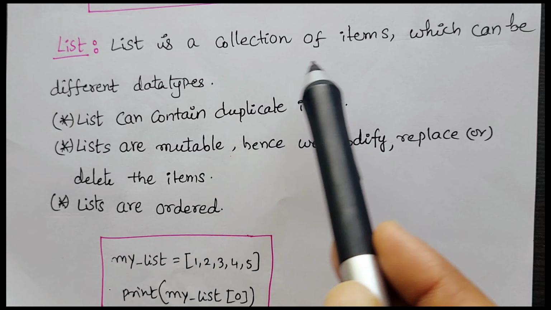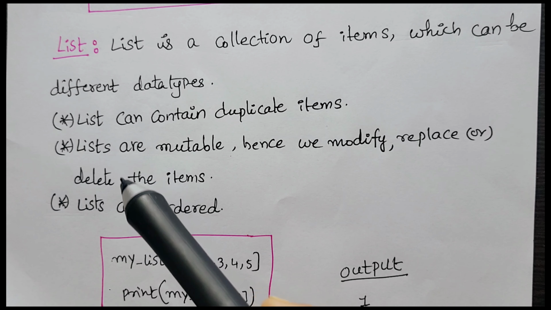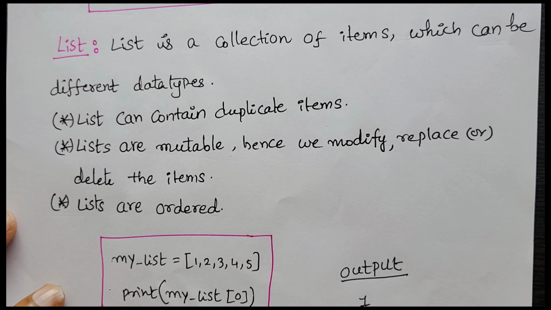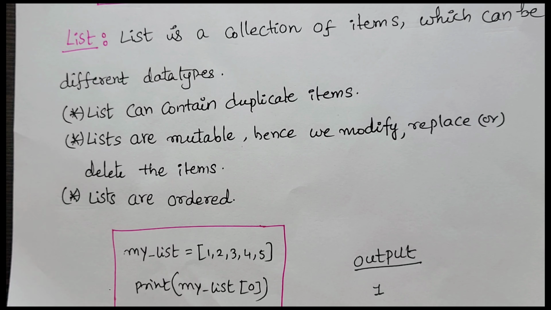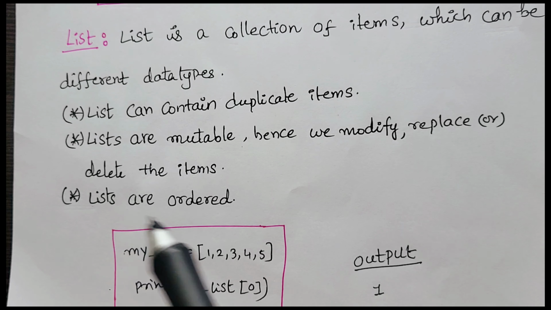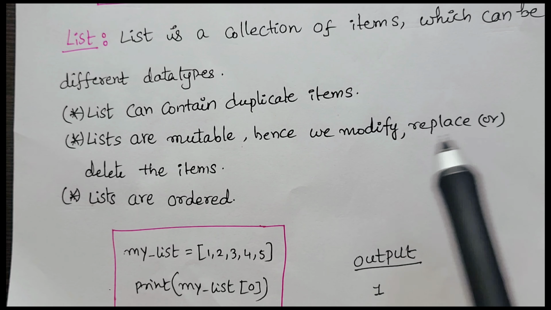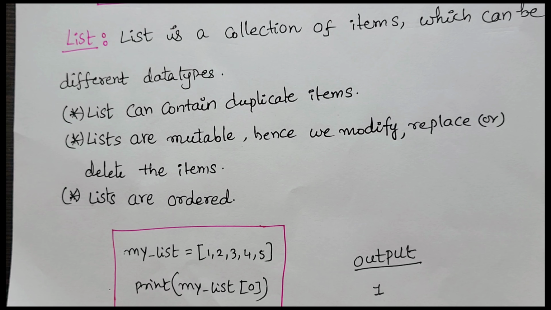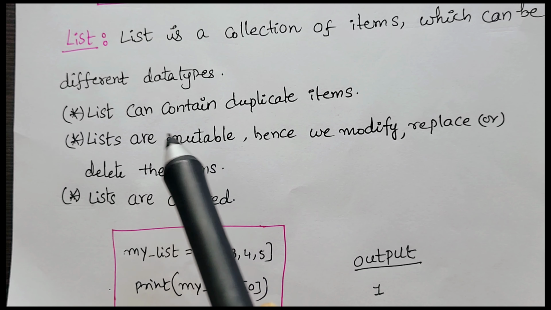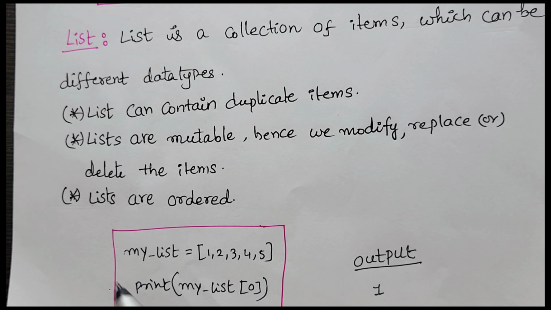So a list can store different values. Lists can contain duplicate values. Lists are mutable, hence we can modify, replace or delete the items. Remember, a list is mutable and also contains duplicate values.